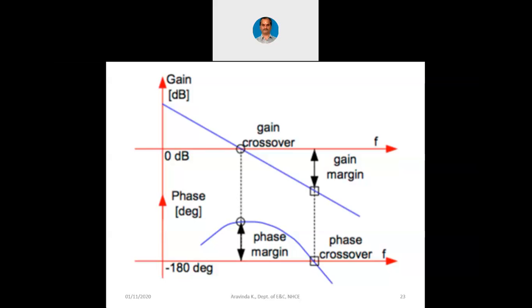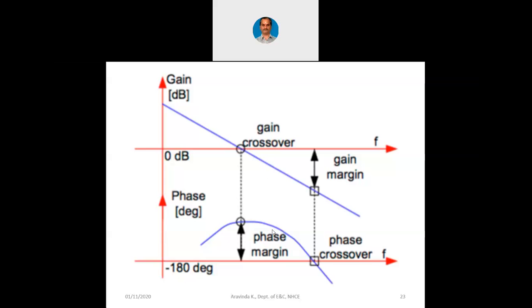So you can see that when the gain is becoming 0 decibel, the phase margin is still there. You can see from the x-axis till the line here, the phase margin. That means there is a margin in the phase shift. Similarly, when the gain keeps on going down further, gain has gone below 0 decibels, means gain is less than 1.